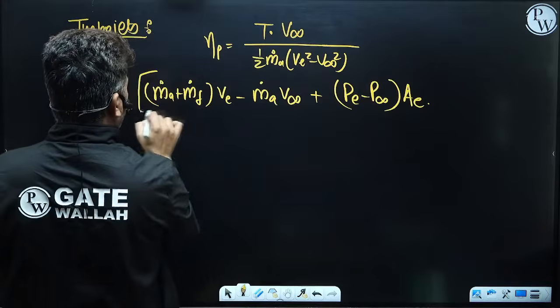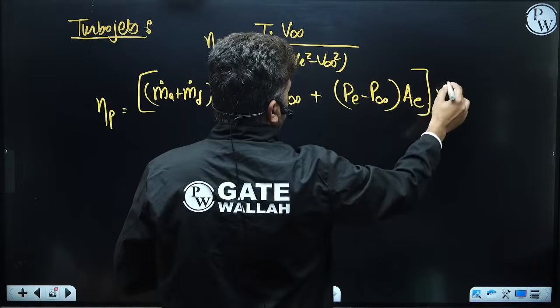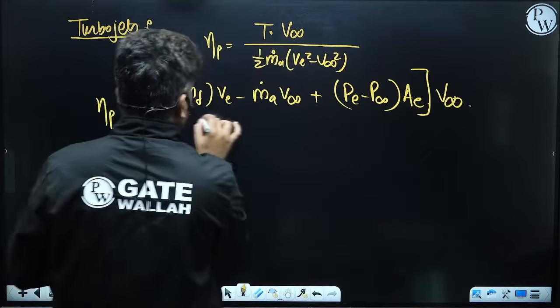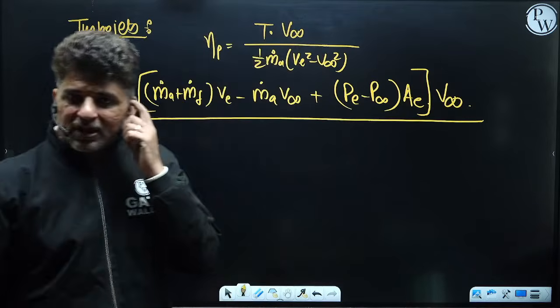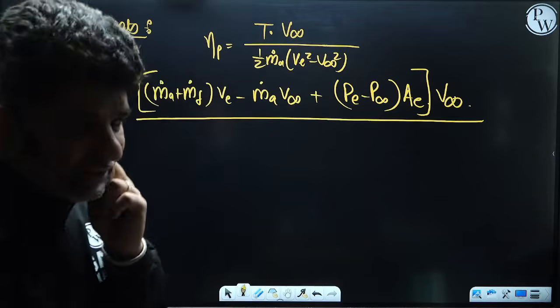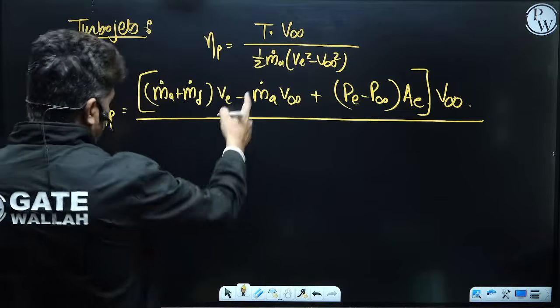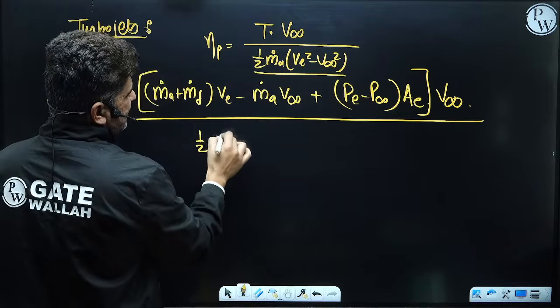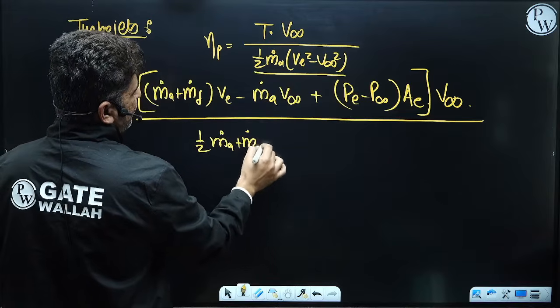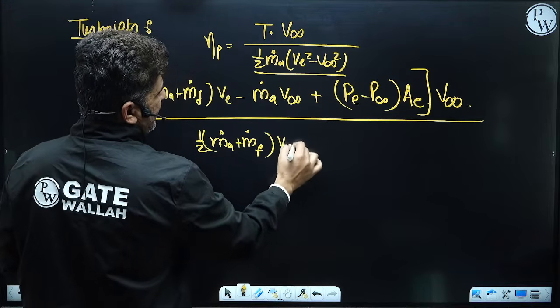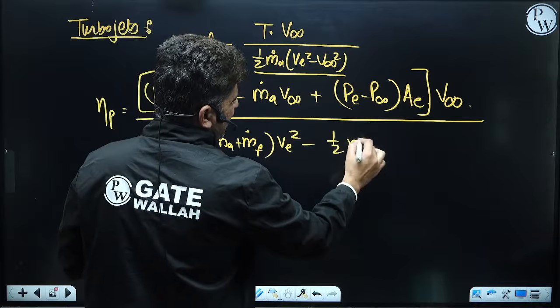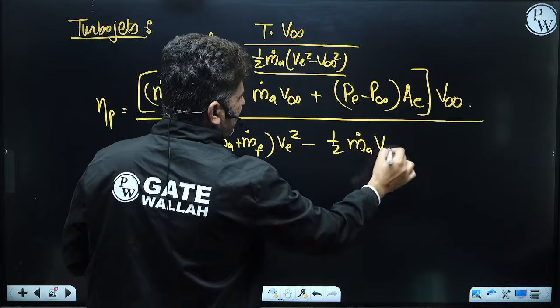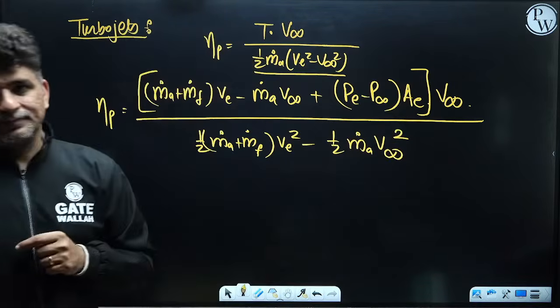This whole will be multiplied by V infinity, divided by the energy that you are providing, the propulsive power, the change in kinetic energy. So this term will become half of mass flow rate of air plus mass flow rate of fuel multiplied by V exit square, minus half of mass flow rate of air times V infinity square.